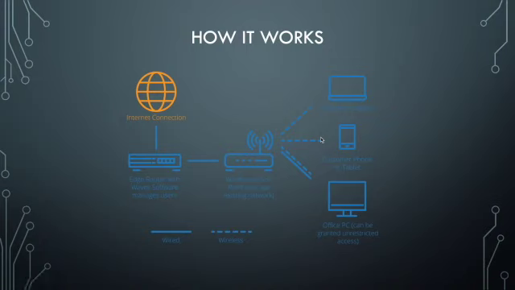For these devices to be able to connect, they use a wireless adapter to translate the data into a radio signal and transmit that signal using an antenna. Those radio waves emanate from the antenna and carry the information to the wireless router. That wireless router then converts the radio waves back into data and sends that data to the internet using a physical connection. To get the data from the internet to you, you just reverse the process, from the laptop to the tablet to the phone. That's essentially how that works.